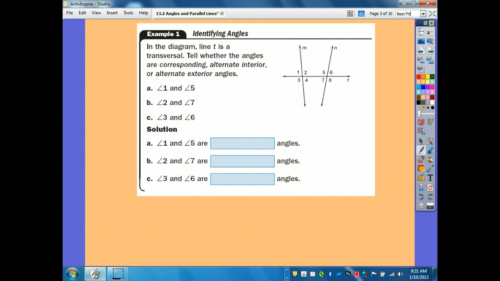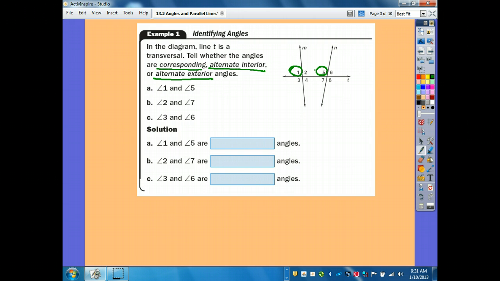Now let's practice on this one. Example 1, in the diagram, line T is a transversal. Tell whether the angles are corresponding, are they alternate interior, or are they alternate exterior angles? Let's label them. Number 1, angles 1 and 5 are what?